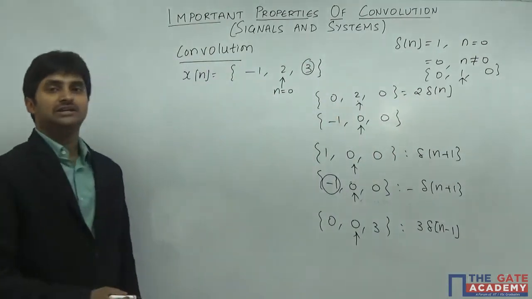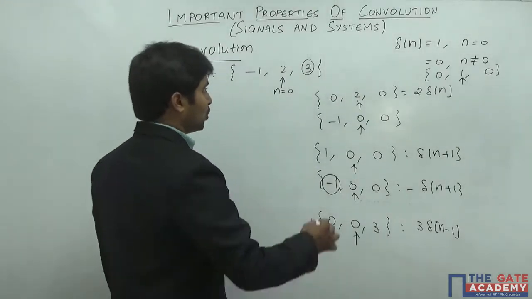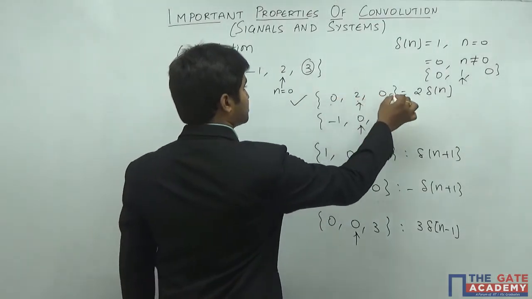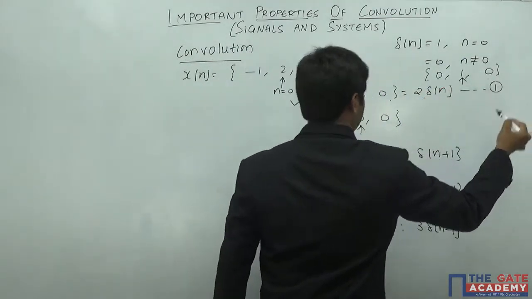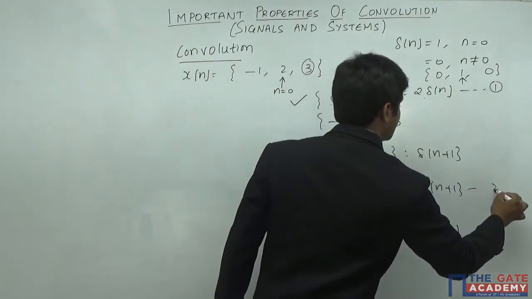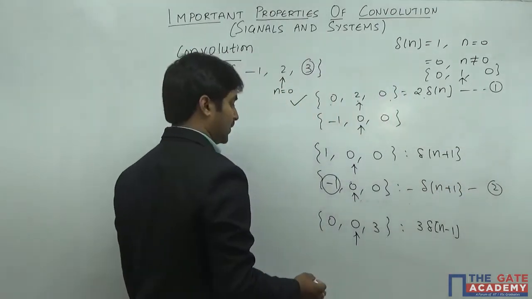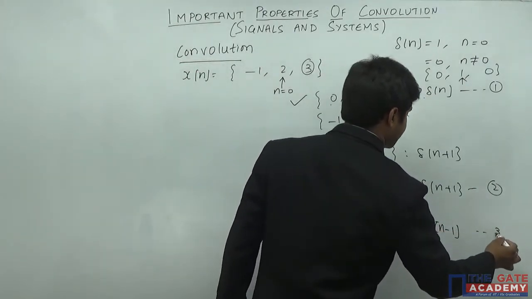So 0 comma 2 comma 0 is nothing but 2 into del of n. Minus 1 comma 0 comma 0 is minus of del of n plus 1. 0 comma 0 comma 3 is nothing but 3 into del of n minus 1.